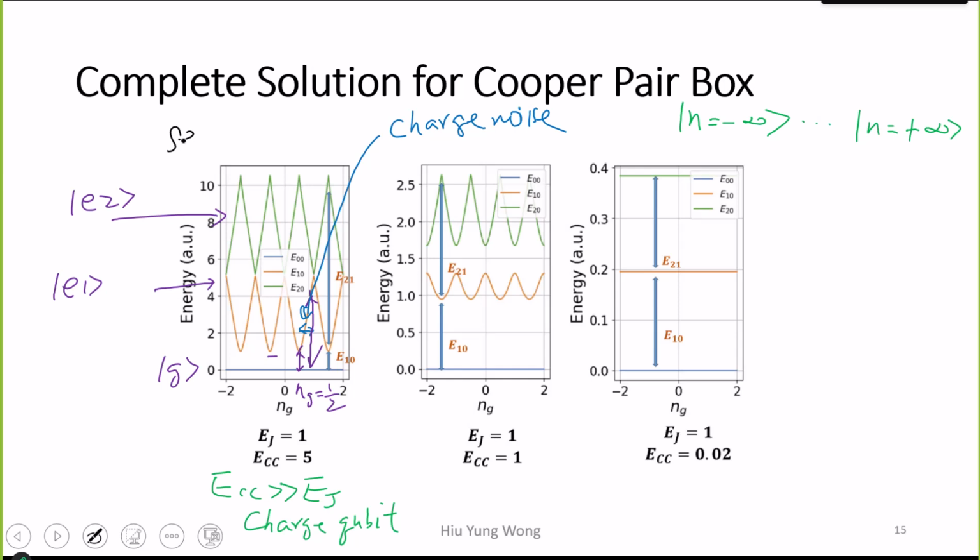This is sensitive to delta Ng, which is charge noise. Now, if you solve this for another case, which is ECC much smaller than EJ, this is called a Transmon qubit.